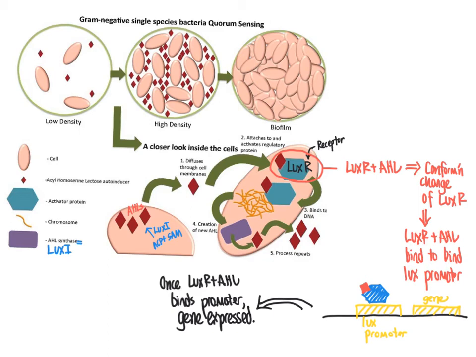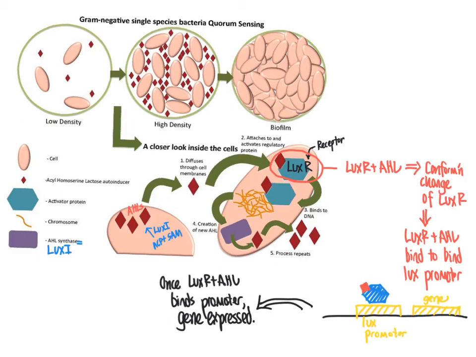And so the LuxR plus the AHL binds to a variety of Lux promoters that are upstream from the genes that they control the expression of, so that there are a variety of phenotype changes that occur, phenotype meaning visible changes such as the production of light or the formation of biofilm, that we can observe in response to the acyl homoserine lactone concentration increasing.